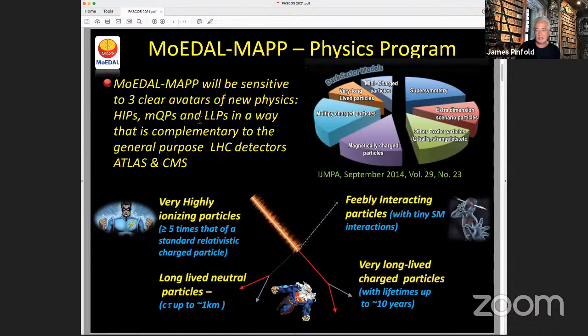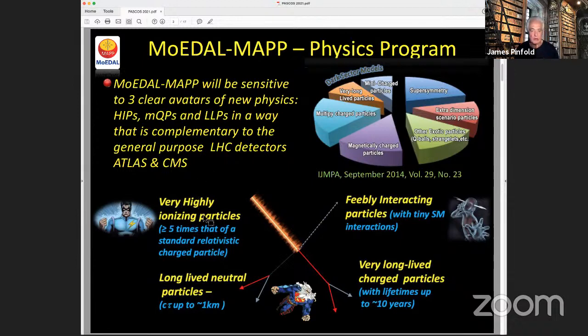So the approach of the MoEDAL-MAPP experiment is to look for new avatars of new physics, like highly ionizing particles, HIPs, milli-charged particles, MQPs, and very long-lived particles, in a way that is complementary to the general purpose LHC detectors, ATLAS and CMS.